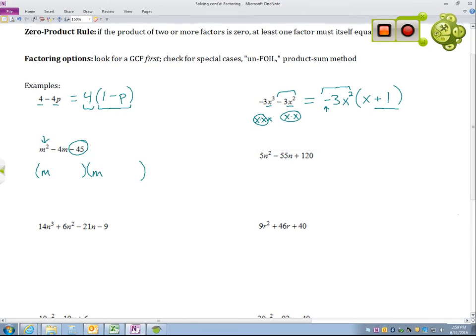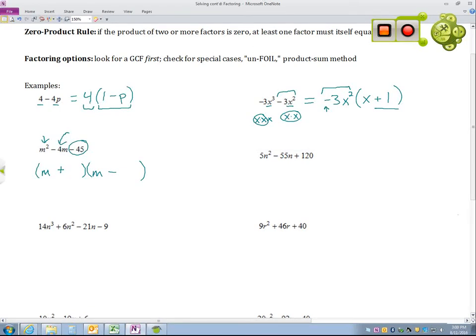So the way that we choose is we ask ourselves, what factor pair of 45 has a sum of negative 4? Okay, has a sum of negative 4. And there's some things that the signs can tell us as well. Because the product is negative, that means I have to have one of each sign.